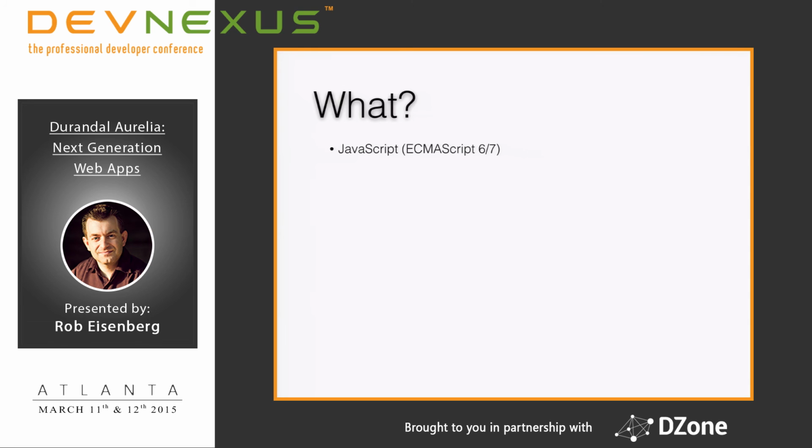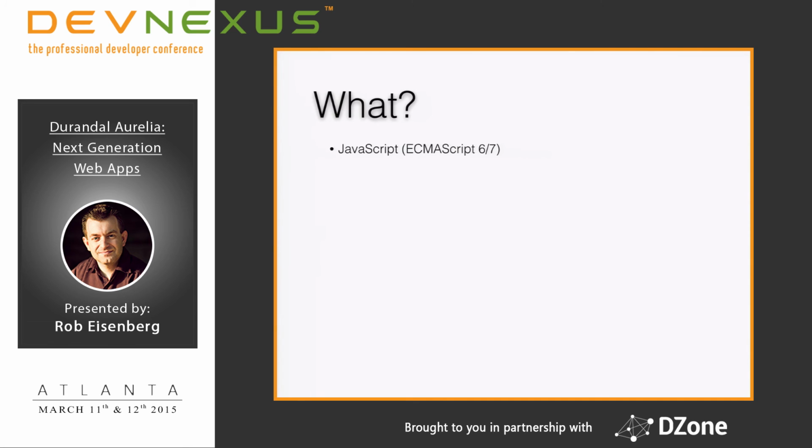Well, what is Aurelia? It's just JavaScript. Although it may be a little bit different than the JavaScript that you've seen before, because it's actually written with ECMAScript 6, or you may know that as ES 2015, which is the latest specification for JavaScript. If you haven't looked at that before, it's going to look a little bit different to you, because it's almost like a complete new language in the browser because of the number of new features like modules and classes and arrow functions and promises and all sorts of really interesting things.